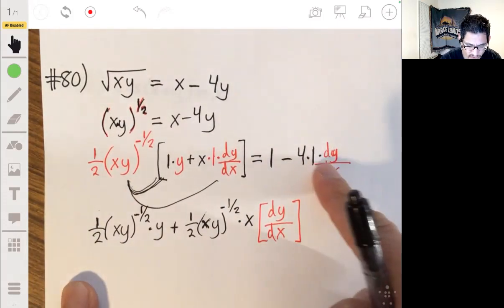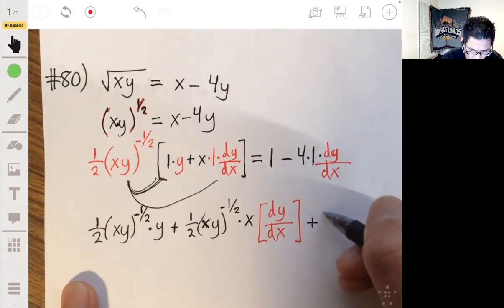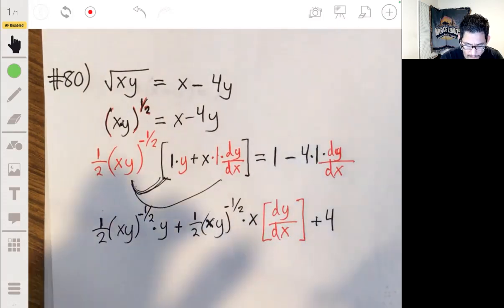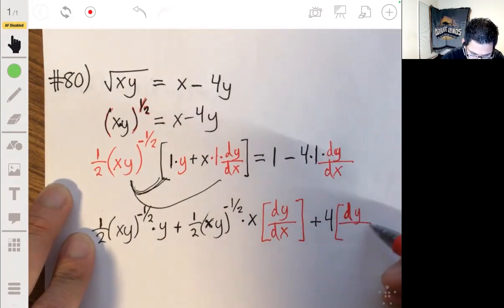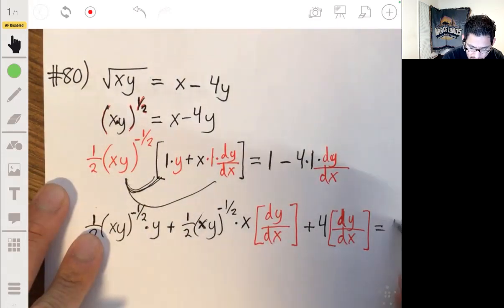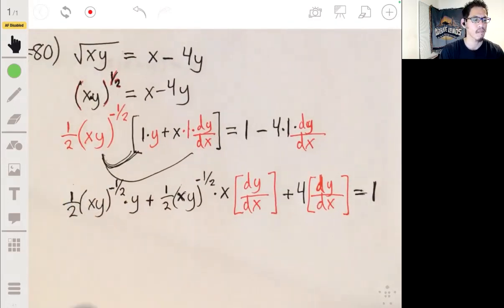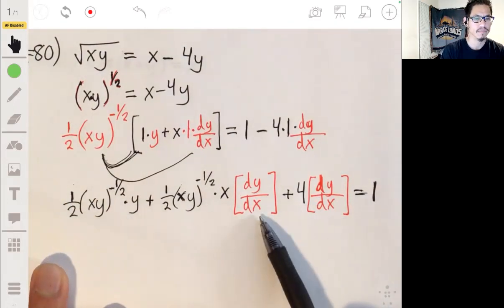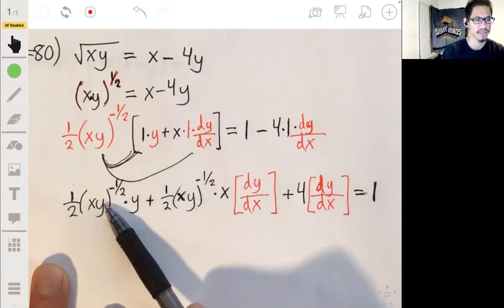And let's also add this 4 dy/dx to the left. So plus 4 dy/dx, bringing that to the left side, is equal to 1. Now we can factor out this dy/dx from these two groups. And let's simplify this.